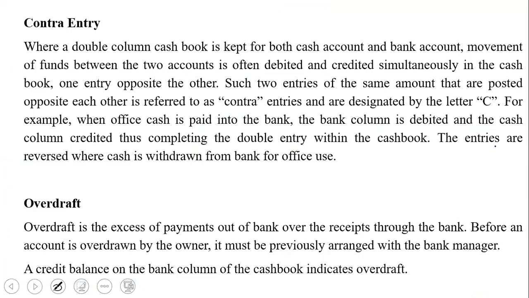Now, for a two column cash book, there are things that we have to see. One is what is called the contra entry. That is a particular transaction involving simultaneous crediting and debiting of our cash and bank.